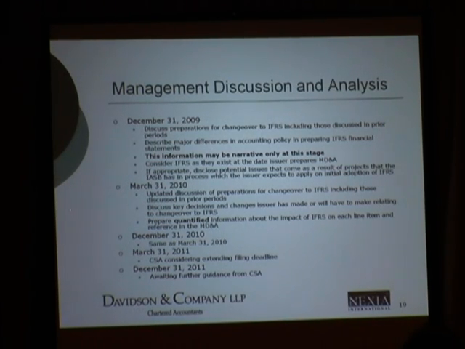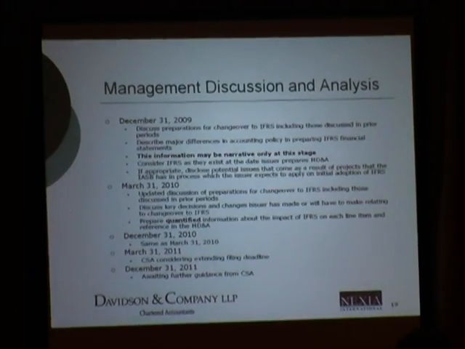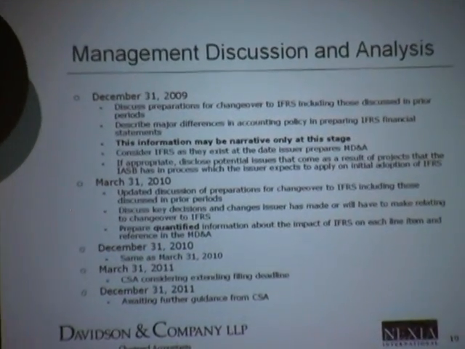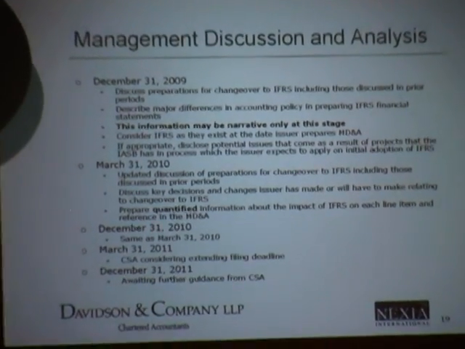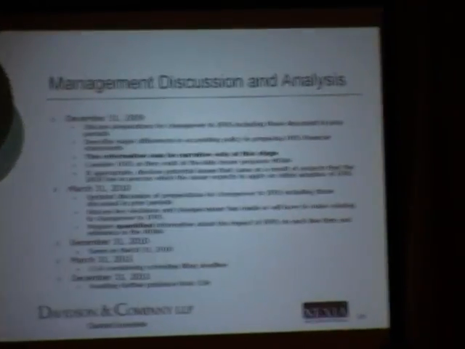So starting December 31st, 2009, so your year end for this year, and again, if you've got another year end, you're going to be into 2010 on your next annual financials, right? What they've said is that you need to talk about, most of you, I think, at this point, in your note 2 there, your significant accounting policies, you've said IFRS is coming, and you may have a statement to say the impact is unknown at this point, or something like that, or maybe some of you even go a little further than that.